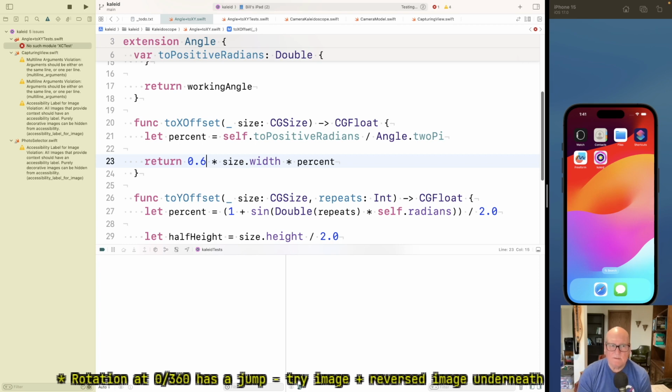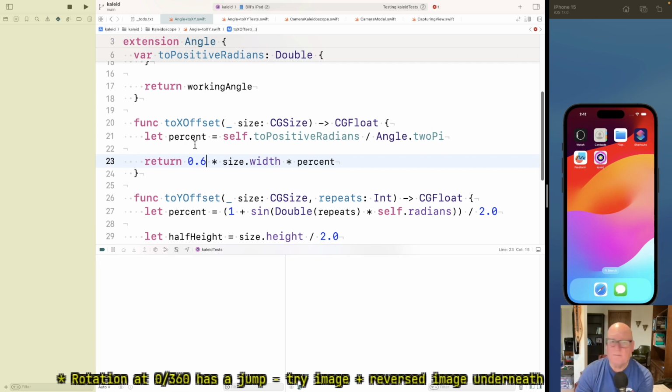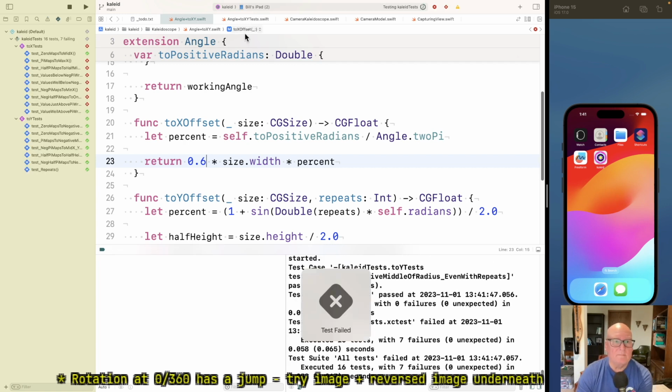That makes me wonder if it's SwiftLint that's got the problem, not the compiler, if they don't realize it's there. Okay, bunch of failures.